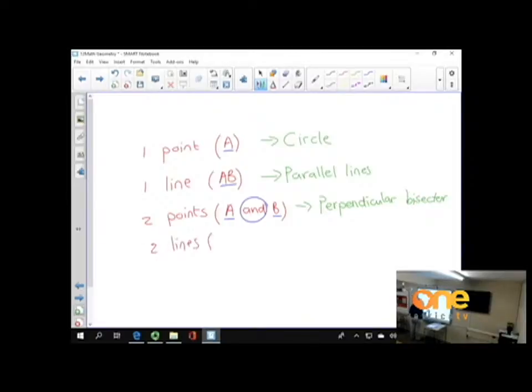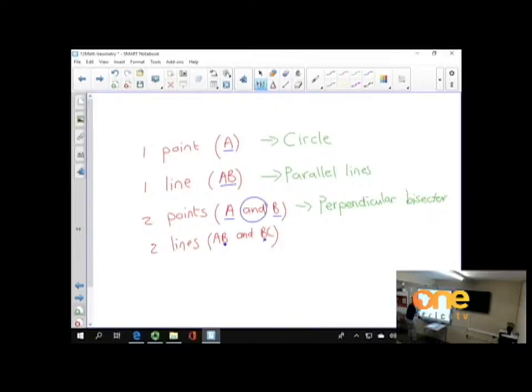So here we will have AB, two capital letters, and two capital letters again. And you will find that one of the capital letters will be repeated in the question between the two lines.